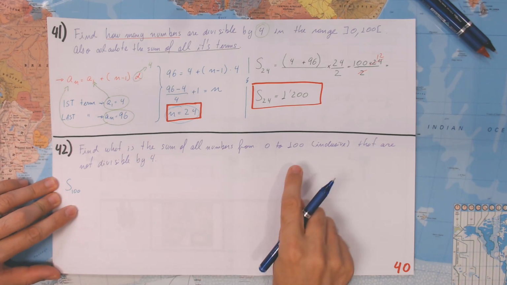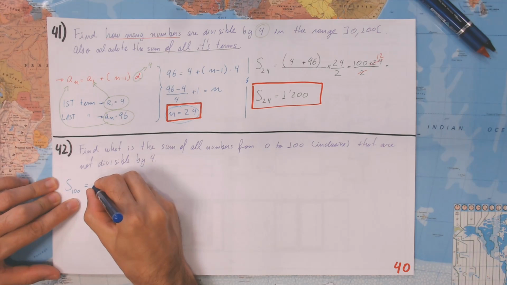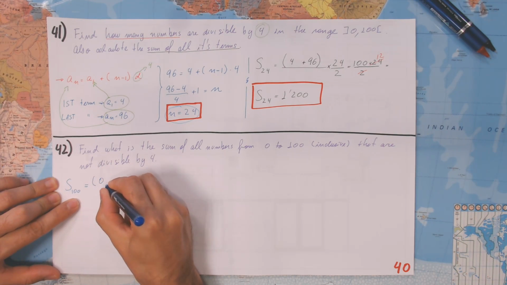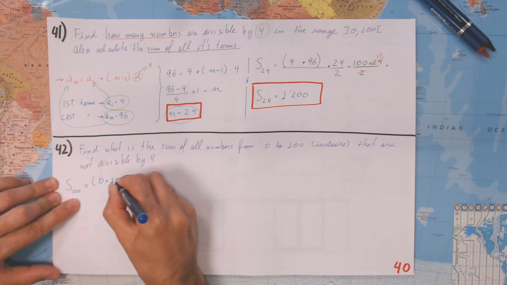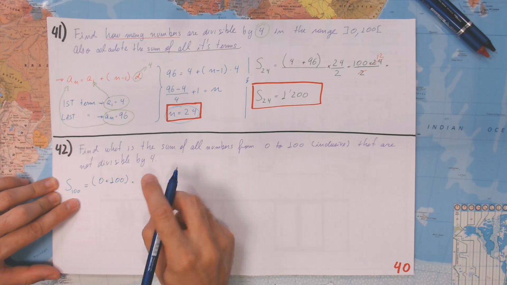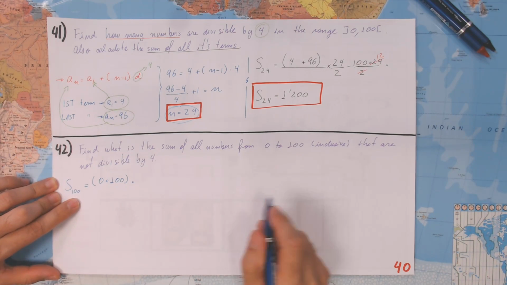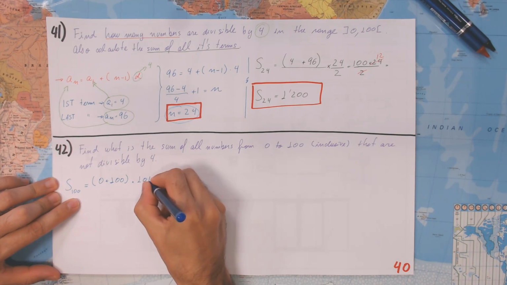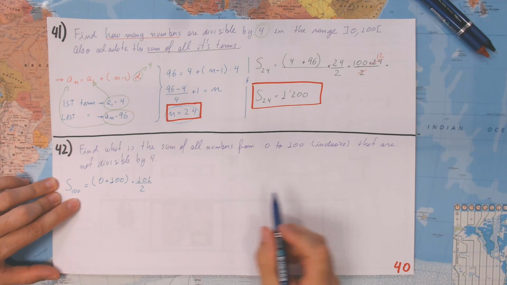Let's sum the first 100 terms. It is going to be the first term 0 plus the last one 100, multiplied by how many terms do we have from 0 to 100? Kind of tricky. It is 101, divided by 2, just half of n. And why is it 101?